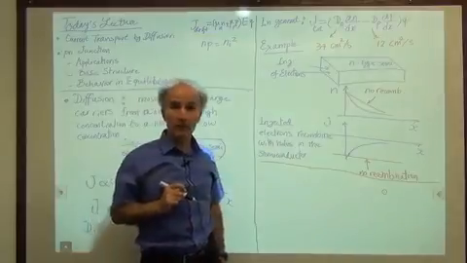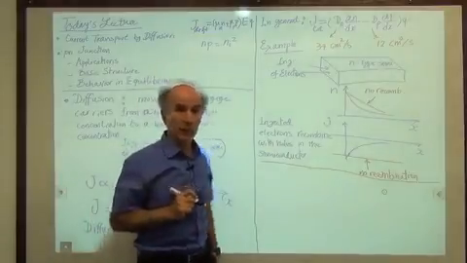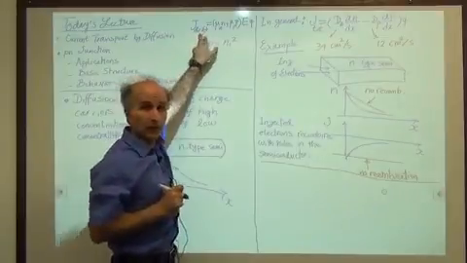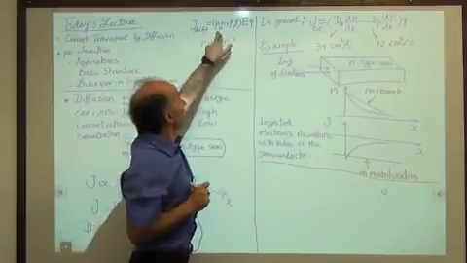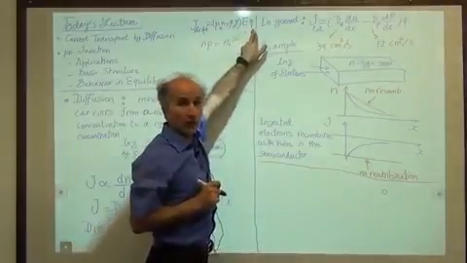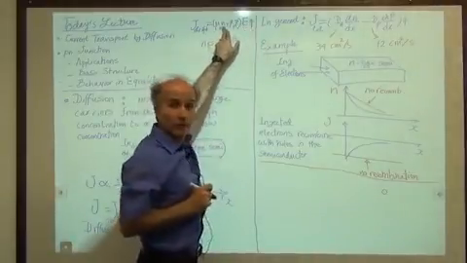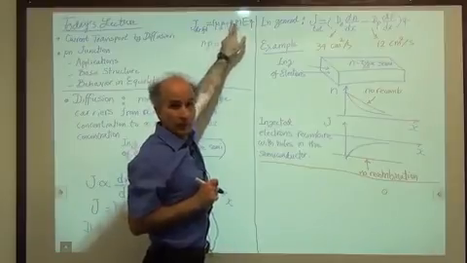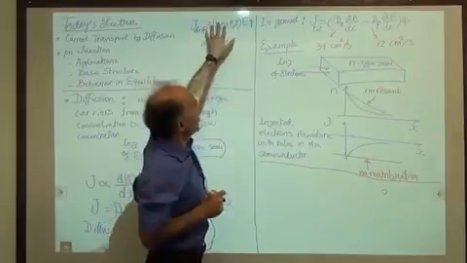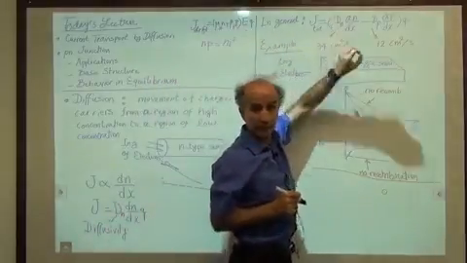Okay, now let's go back to the concept of drift. Remember, for drift, this is what we had. We said the current carried by drift is given by the mobility times the electric field times the electron charge times the concentration. Concentration of electrons, concentration of holes. So that is a drift current. That's a diffusion current.